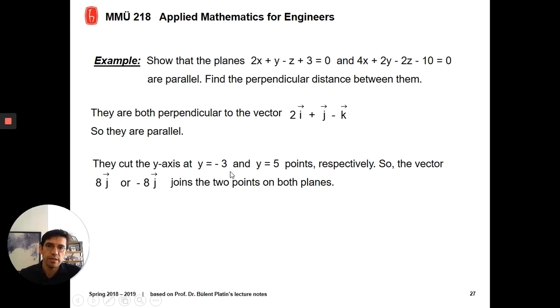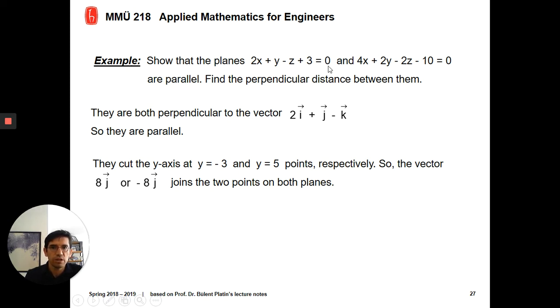Then this means that if I try to find any line between these two planes, which I could use to find the perpendicular distance, it could be this y segment. And from +5 to -3, I have 8 units. And the vector could be pointing either in the positive or the negative direction.